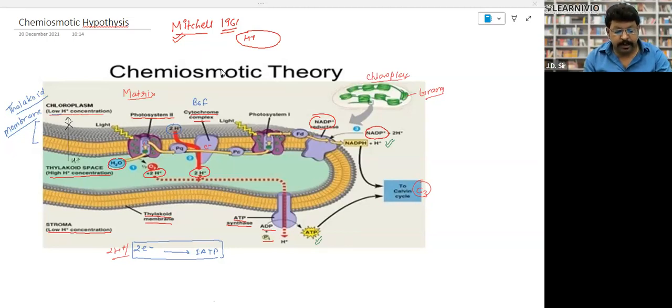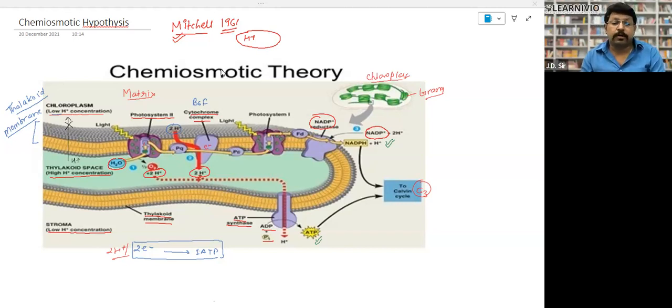Full stop. Next point. The lumen of the thylakoid becomes enriched with hydrogen ions due to photolysis of water. Full stop.